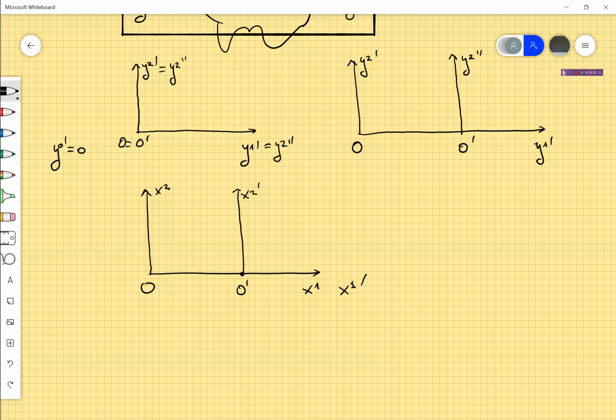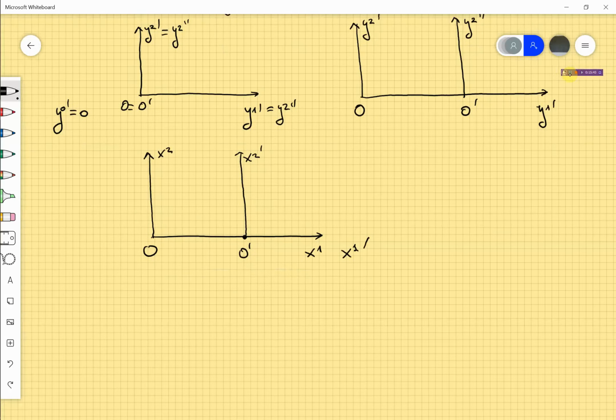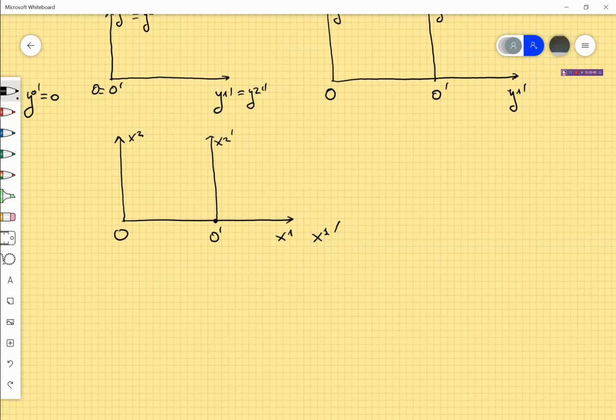This is just a simplification in order to avoid dealing with too many primes. So we want to find the relation between x0 prime and x0 and x1 prime and x1, because as we said, x2 is equal to x2 prime and x3 is equal to x3 prime.